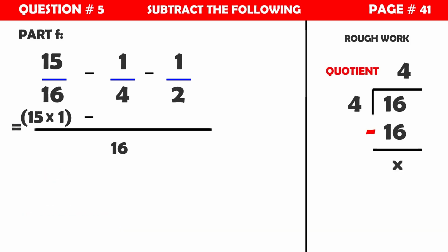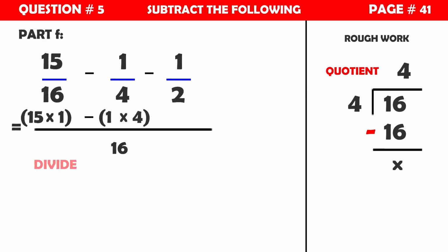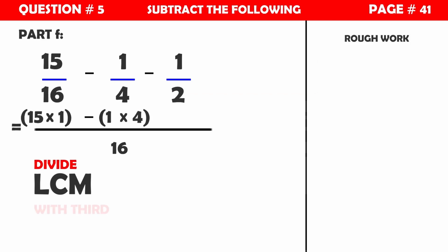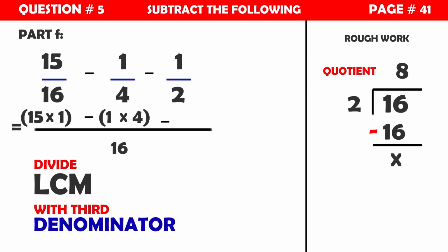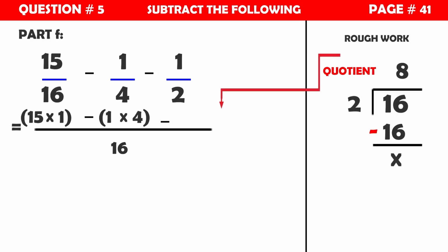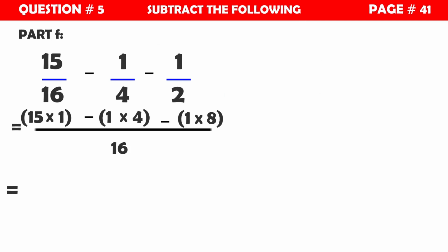So we will multiply 4 with the numerator 1. Now we will do the same with the next fraction. 2 multiplied by what gives 16? Yes, 2 8s are 16. So multiply 8 with the numerator 1. 15 1s are 15, 4 1s are 4 and 8 1s are 8.